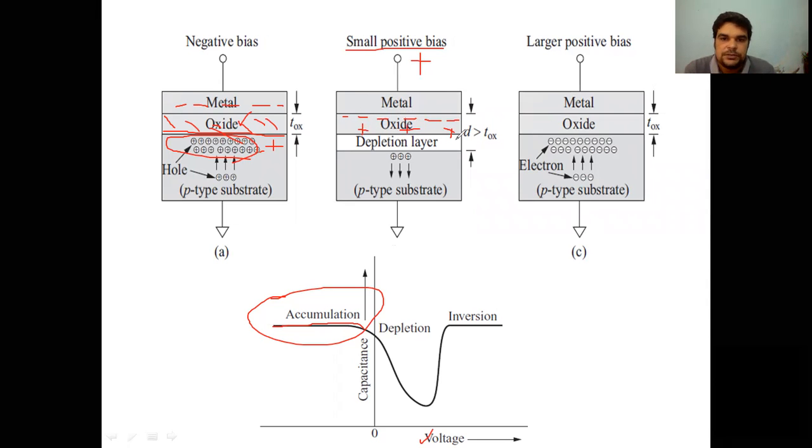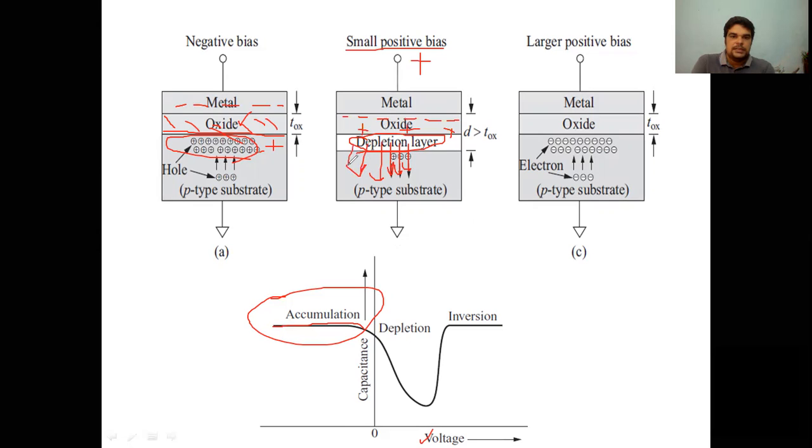Due to this positive charge, the holes below the oxide layer will be repelled towards the P substrate.